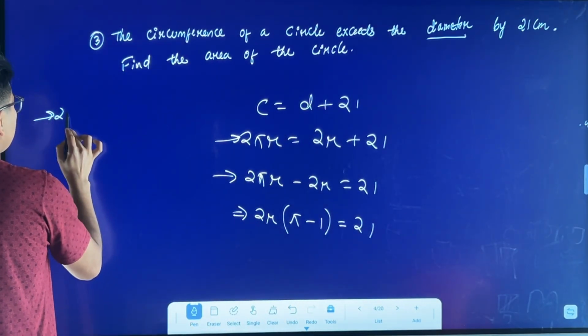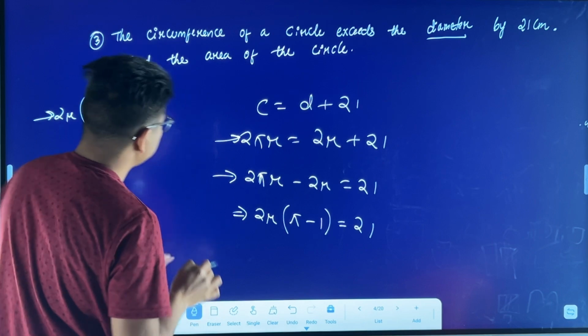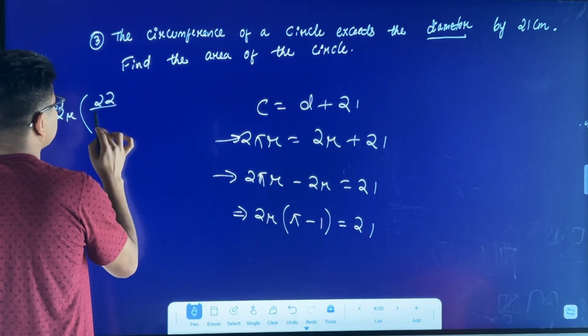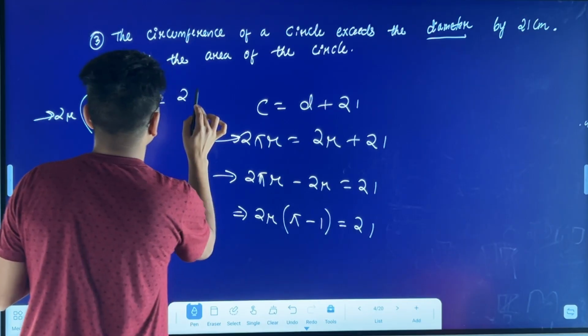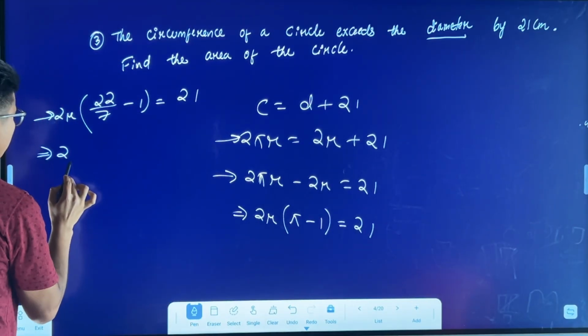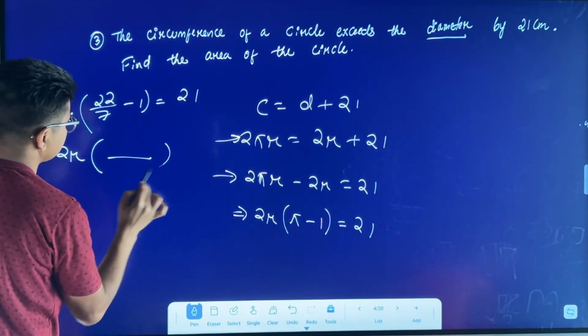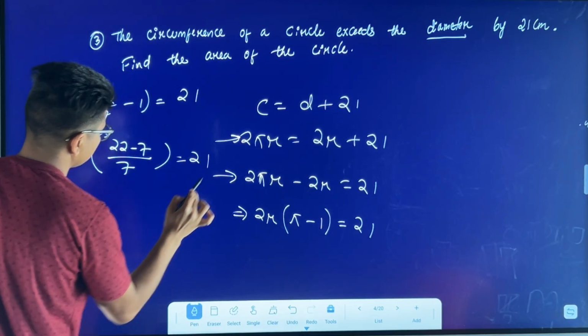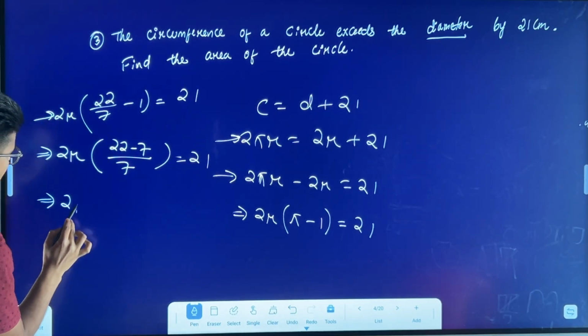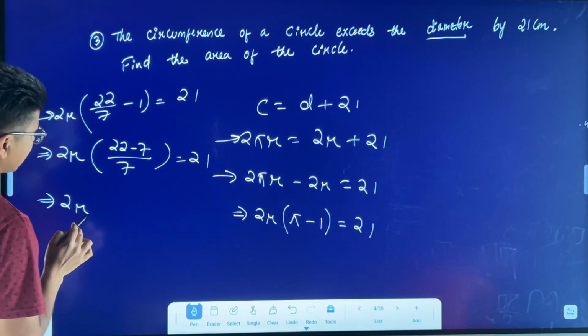Then 2r into pi, meaning 22 by 7 minus 1, equals 21. Then 2r, just take the LCM, 7: 22 minus 7 over 7 equals 21. Then 2r, 22 minus 7, how much will it be?